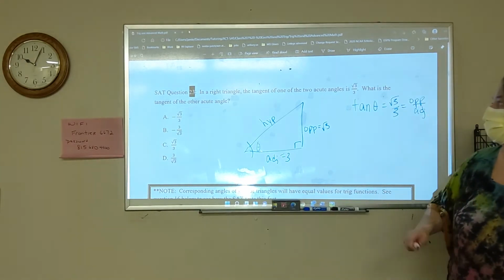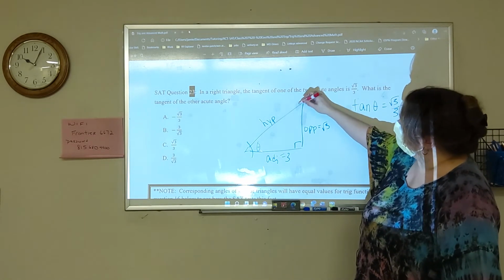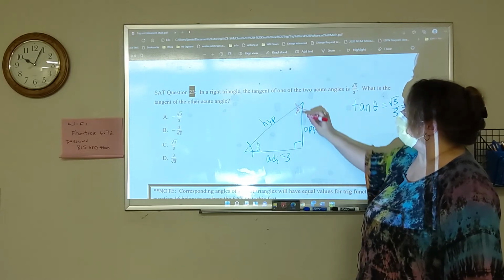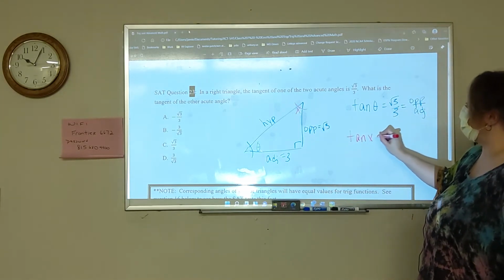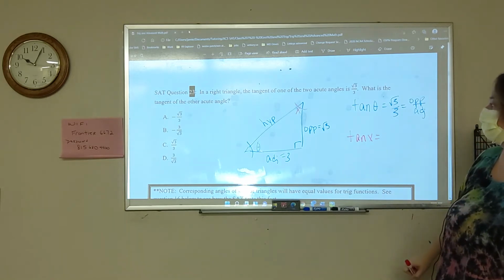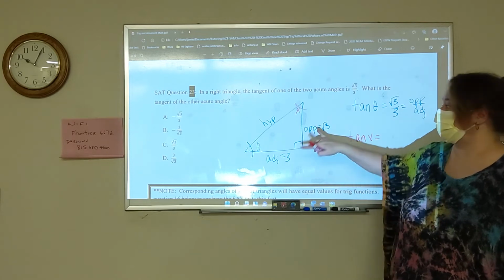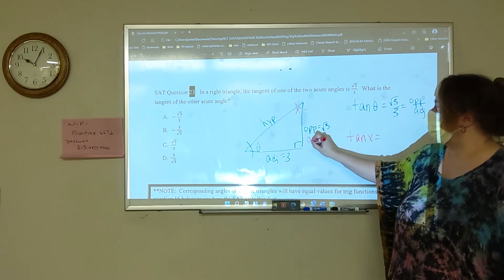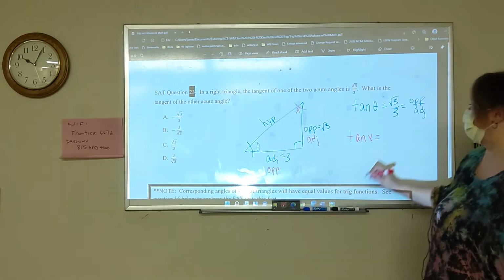Now, they're saying what's the tangent of the other angle? So I'm going to switch angles. So we're going to up here work with this one. We're going to call it x. So they want me to find now tangent of x. So if I switch angles, my opposite and my adjacent are going to flip. So this is now my adjacent side, and this is now my opposite.